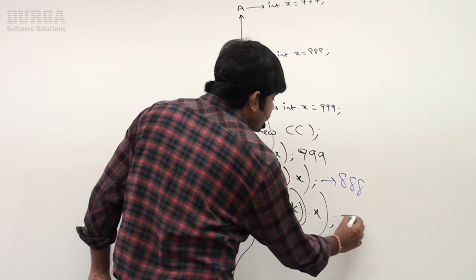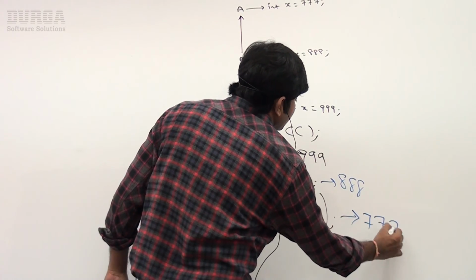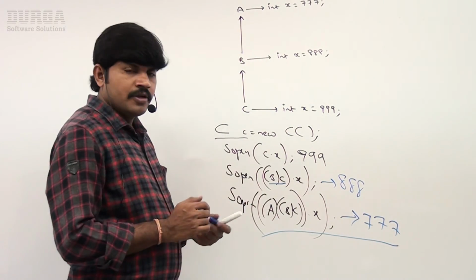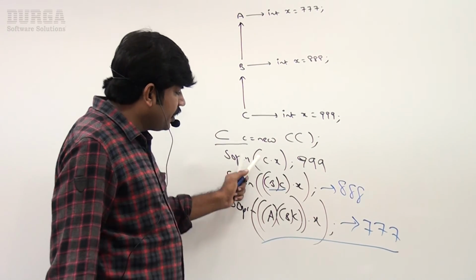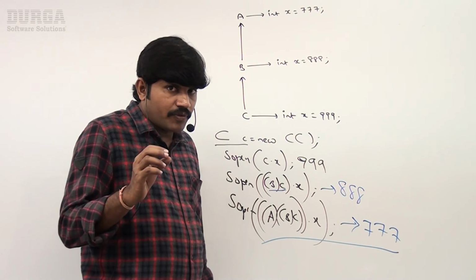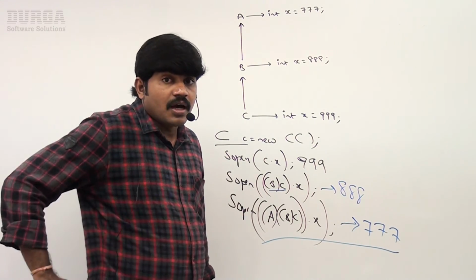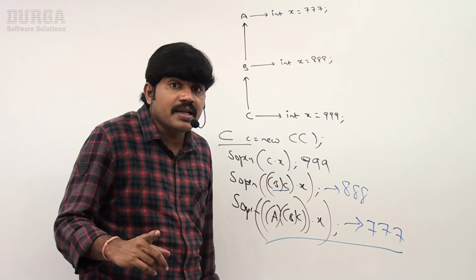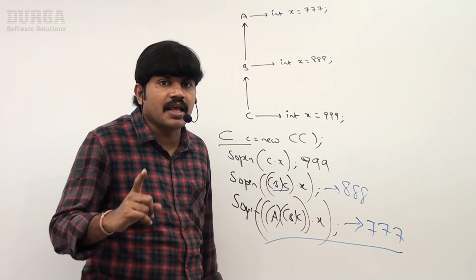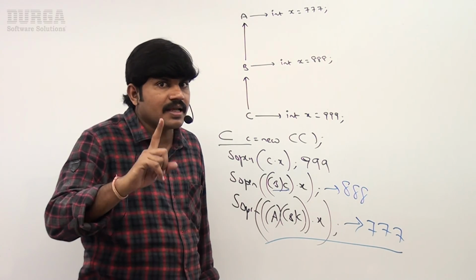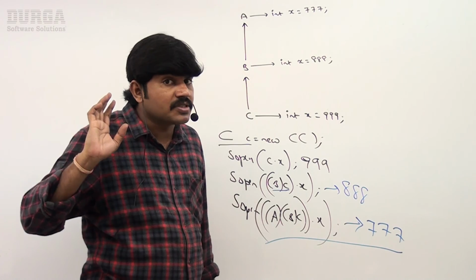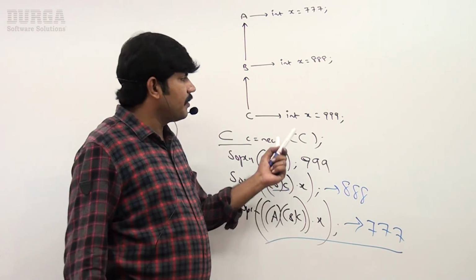What is this? x is 777, because it is the A class variable, right? So variable resolution is always taken care of by the compiler based on reference type, but not based on the runtime object, because the overriding concept is not applicable for variables. Remember that. Let me show this example here.